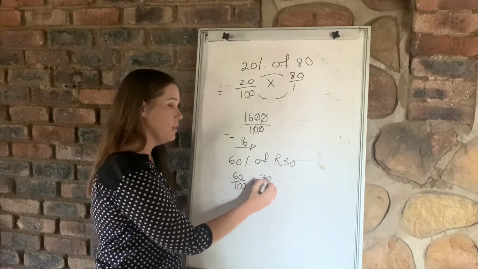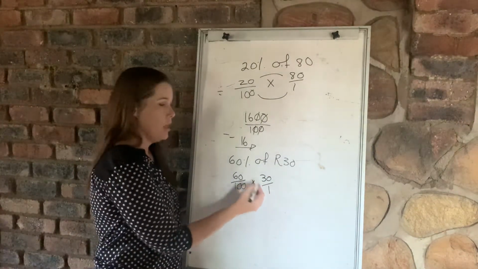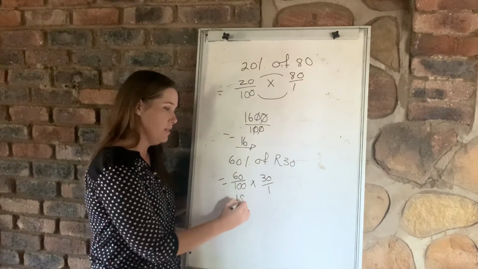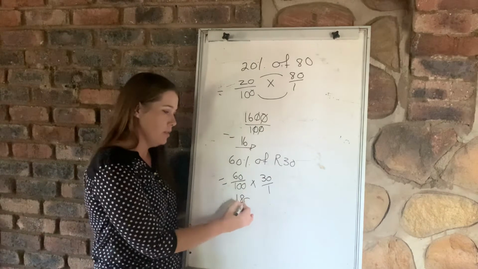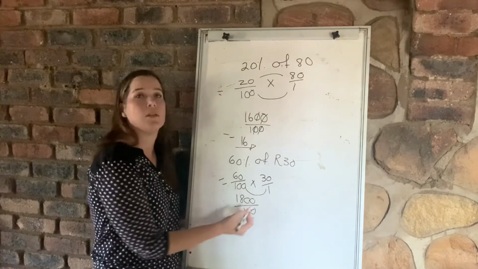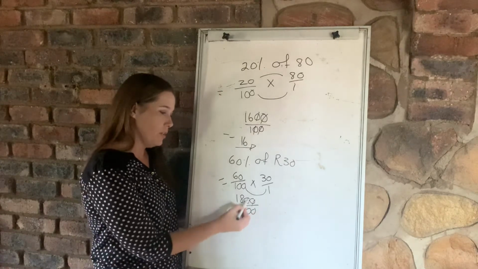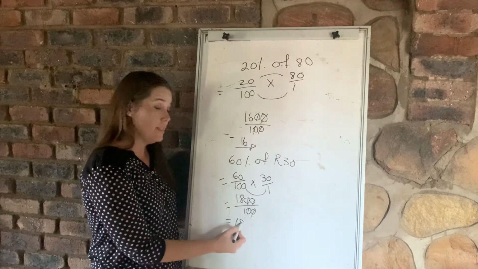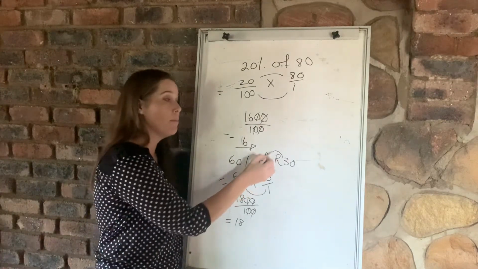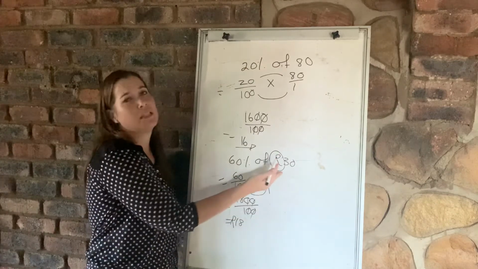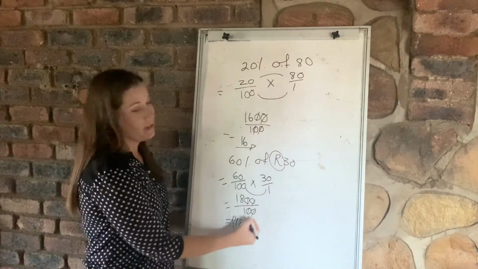So I put 30 over 1. Again, I multiply the top with the top. 6 times 3 is 18. I bring down my 2 zeros. 100 times 1 is 100. I can cancel out 2 zeros. 18 divided by 1 is 18. But we were working with money, Rand, so your answer must be in Rand. If it was 30 liters, you would put an L in your answer.